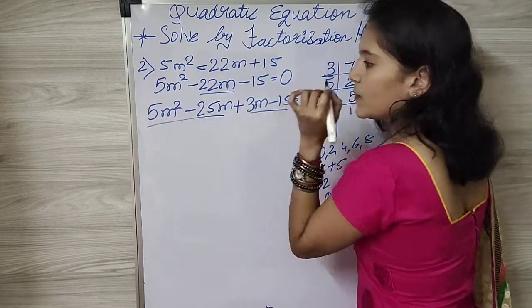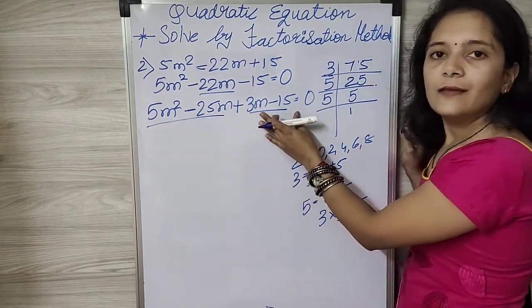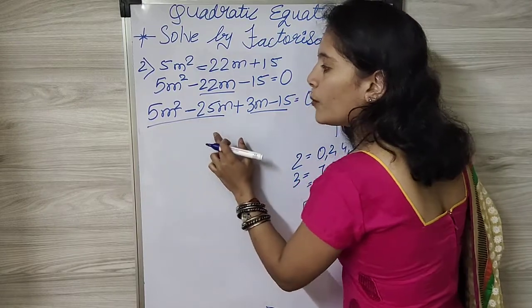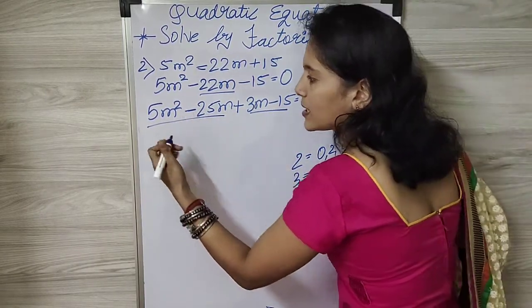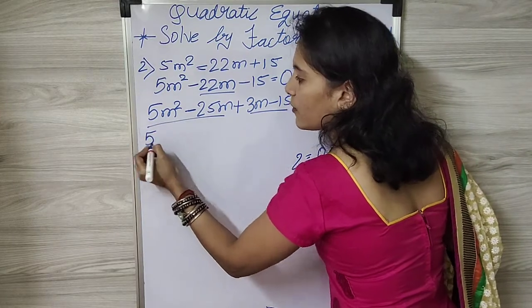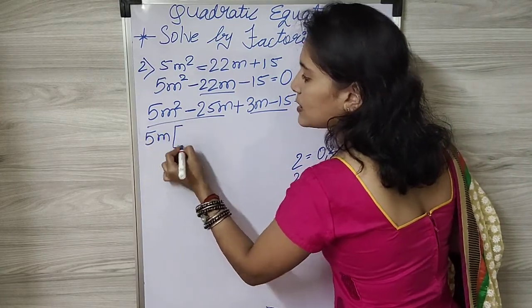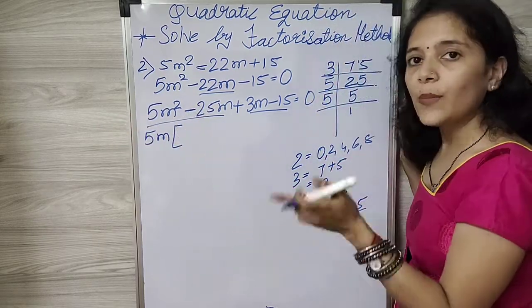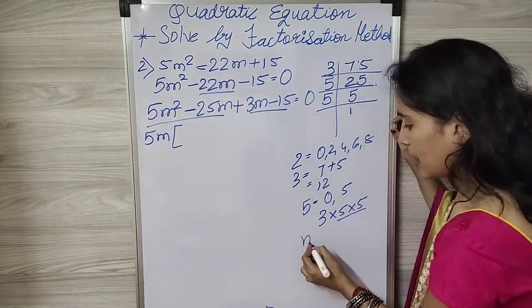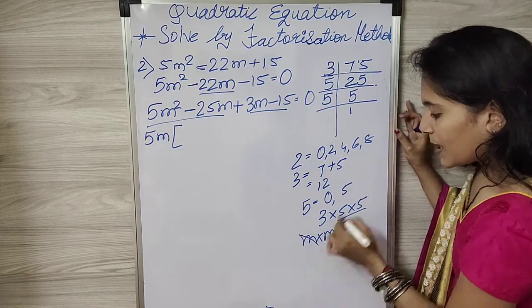See, now pairing. I have paired these two terms and these two terms. See now what is common? Common in the sense that the smallest number we have to take outside, right? So see here 5 and m. Now what is remaining? Here nothing. 5 I have taken out. M square means m into m. 1 m has been taken out.